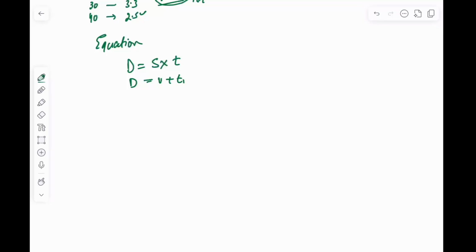Next, because the distance remains the same and the speed changes, t1 is d upon v, t2 comes out to be d upon 2v, t3 comes out to be d upon 3v, and t4 comes out to be d upon 4v, right? Total distance we've covered is 4d.